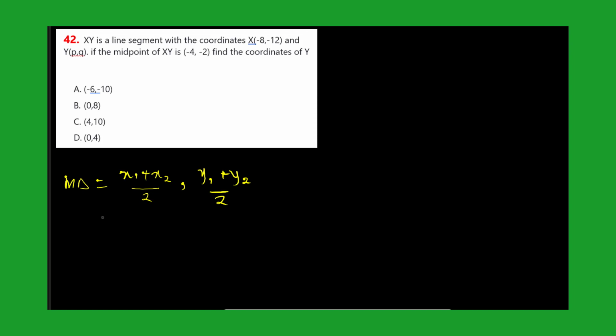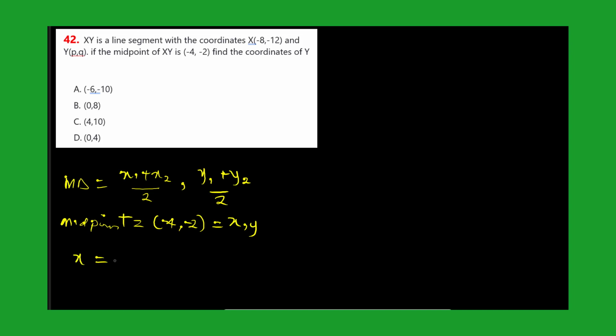And the midpoint is already given to be (-4, -2), equals x and y. Now let's find each of the midpoint coordinates.